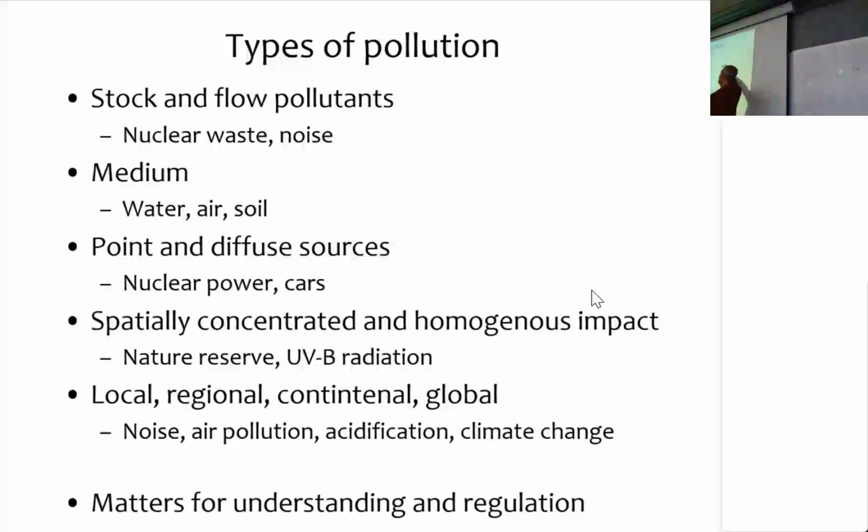You need to worry about the medium where the pollution is. If you have soil pollution, like dioxins, it is static, right? That is, it stays in place. So if you're really worried about dioxins, and you should be because they are carcinogenic, you can just build a fence around the polluted area, right?